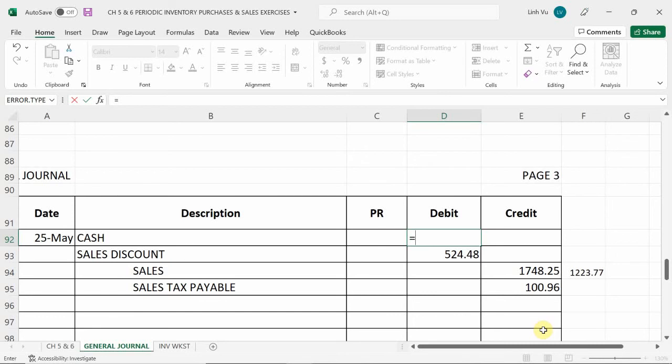Okay, so that's the tax plus what? $524? Not that, that's the discount. Plus the $1,748.25, which would be $1,849.21. That's the full sales price of my original, so no, you wouldn't be adding that. The $1,223.77 plus the $196. Correct.